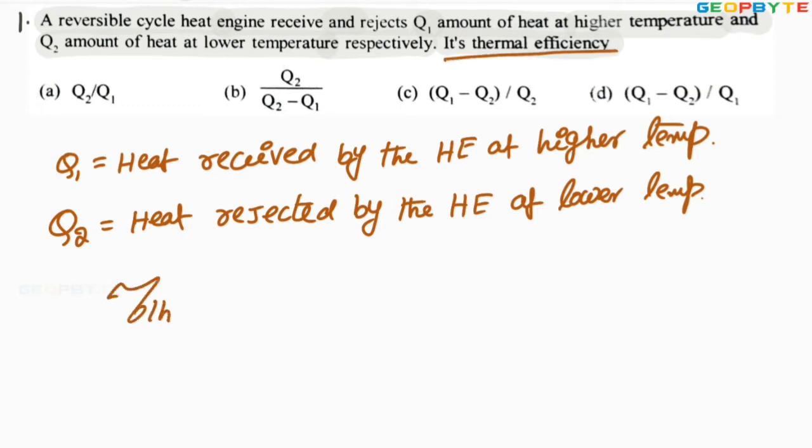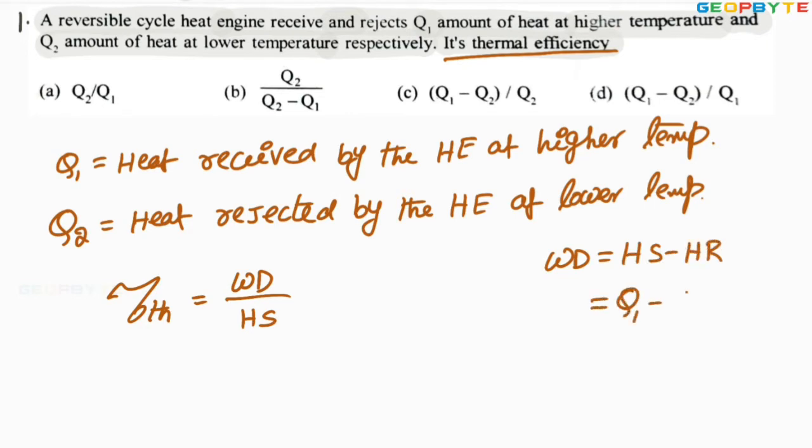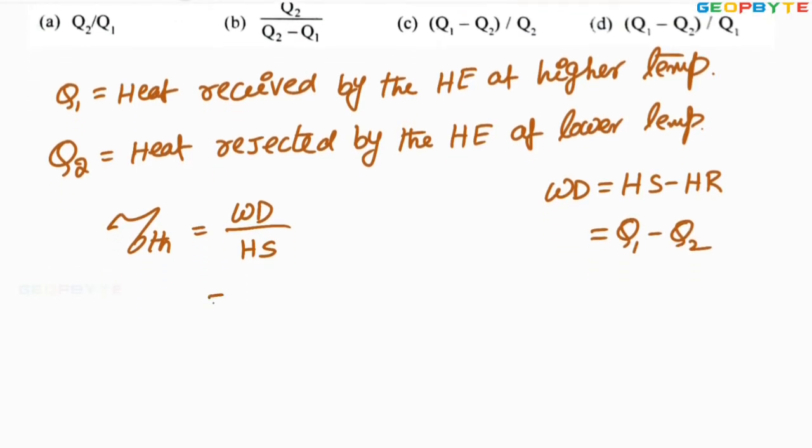The thermal efficiency of the heat engine equals work done by heat supplied into 100. Here work done equals heat supplied minus heat rejection. Heat supplied is Q1, heat rejection is Q2. So thermal efficiency equals (Q1 minus Q2) divided by Q1 into 100.